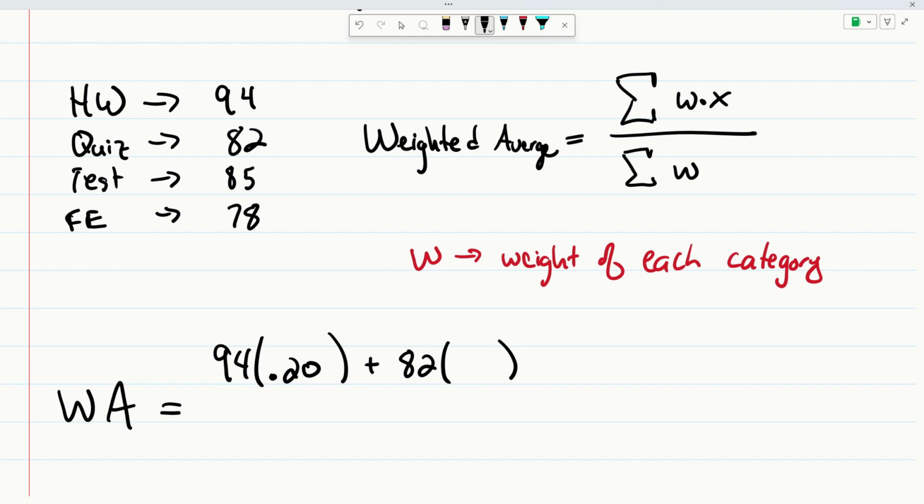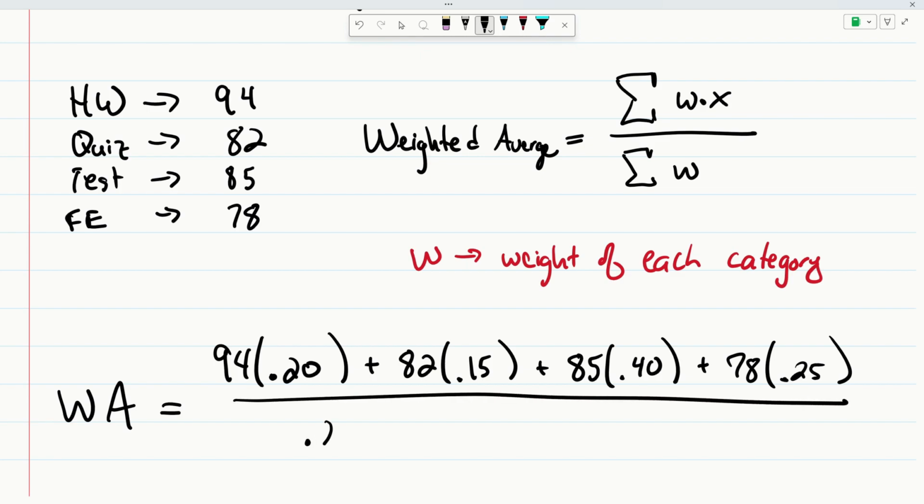Quizzes were 15%. Plus 85 times our test. Tests were 40%. And finally, the final exam score times its weight, all divided by the sum of the weights, which equals 1, but I'm going to write it out anyways.